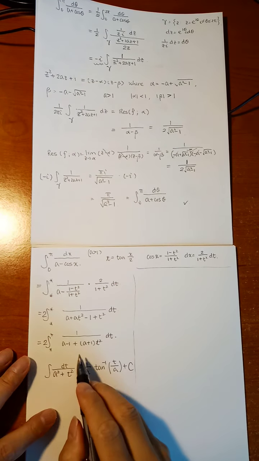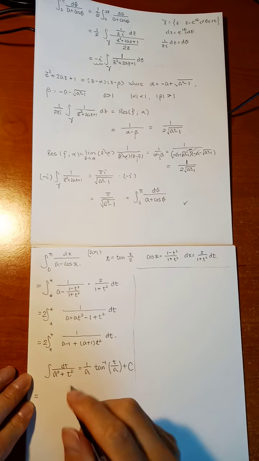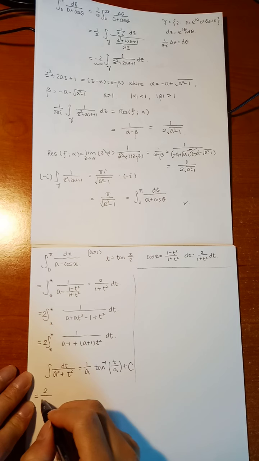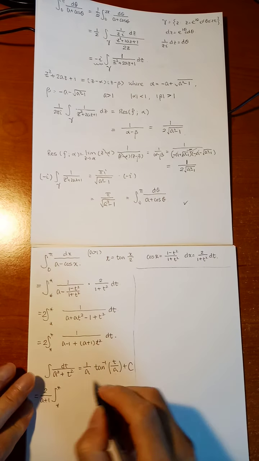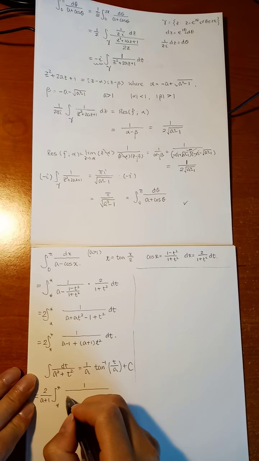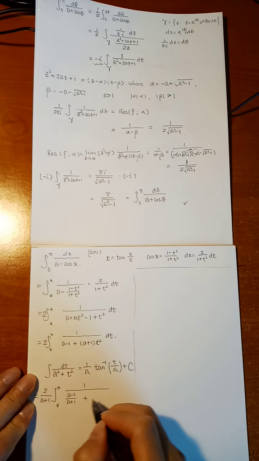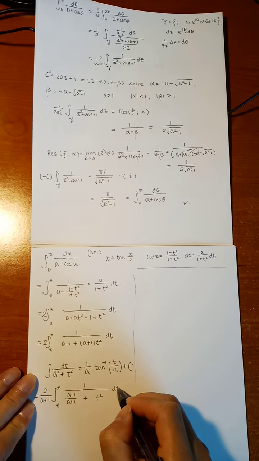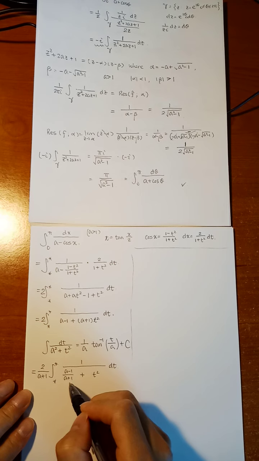All right, so we are going to factor out a plus 1 from the denominator. Then this integral becomes a minus 1 over a plus 1, this number is positive, plus t squared dt. Okay, so this a becomes a minus 1 over a plus 1.